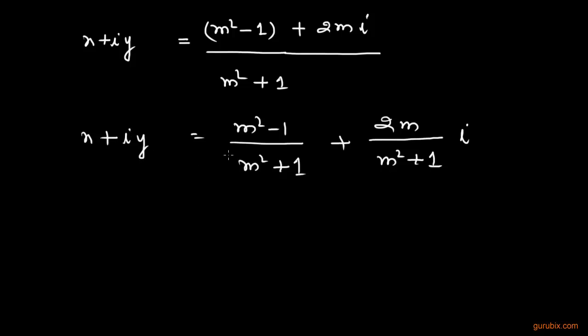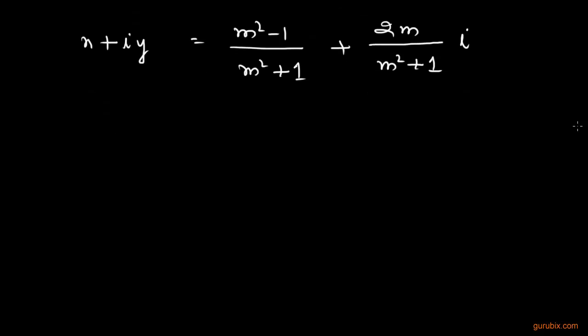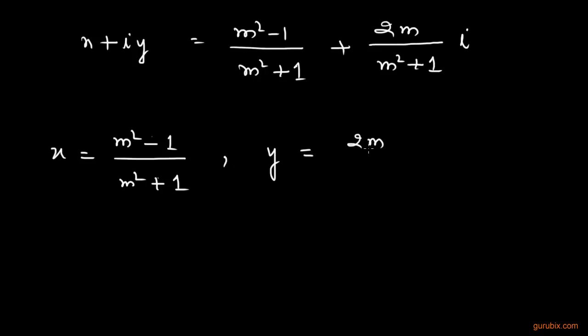Since these two complex numbers are equal, we can equate the real and imaginary parts of these two complex numbers. Then x will be equal to m square minus 1 over m square plus 1, and y will be equal to 2m over m square plus 1.